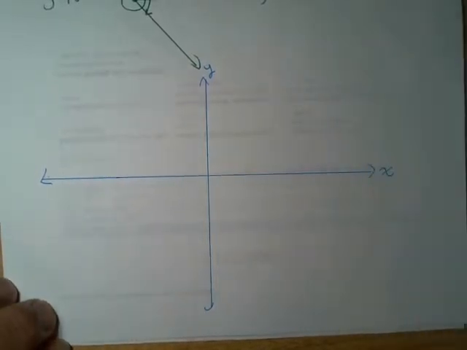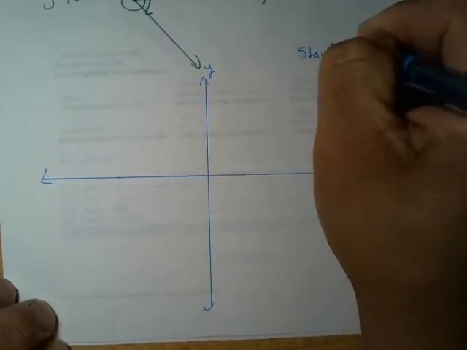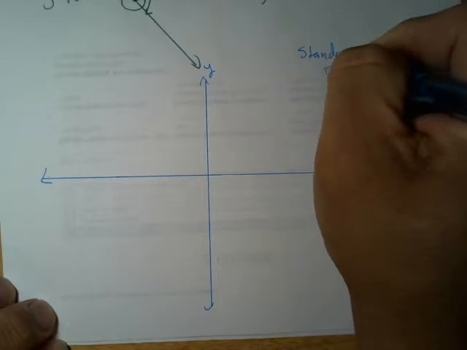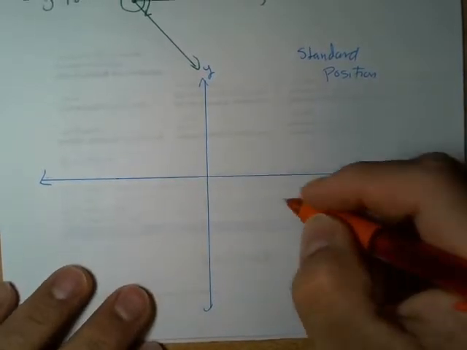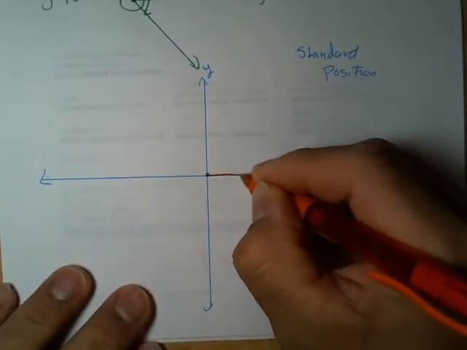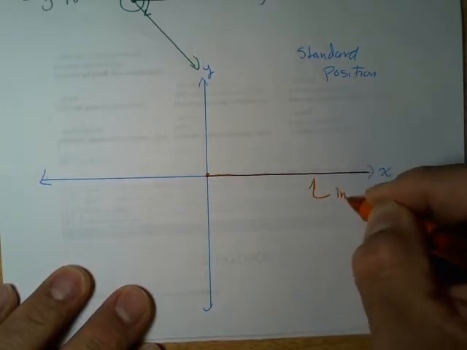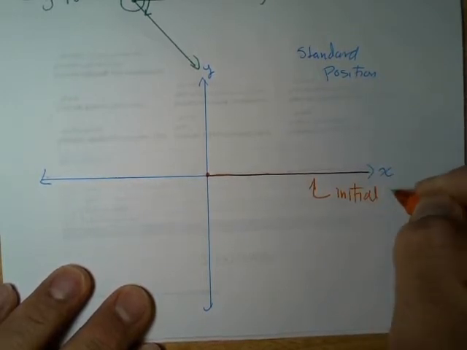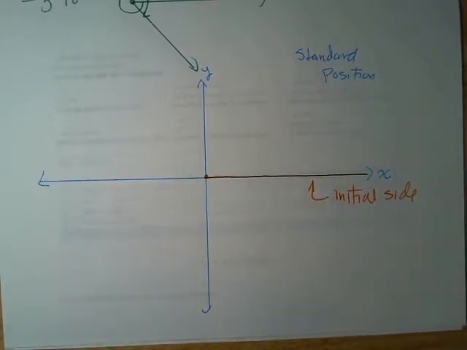Standard position always means the positive x-axis is the initial side, and we go from there.